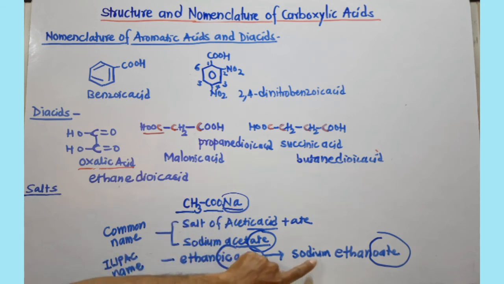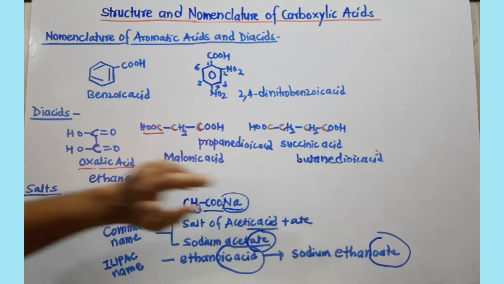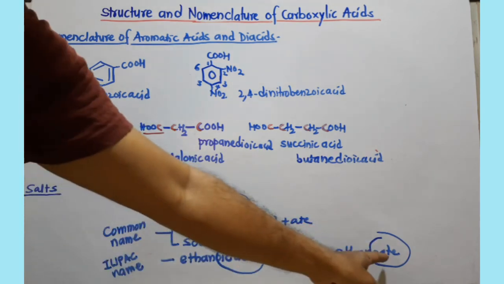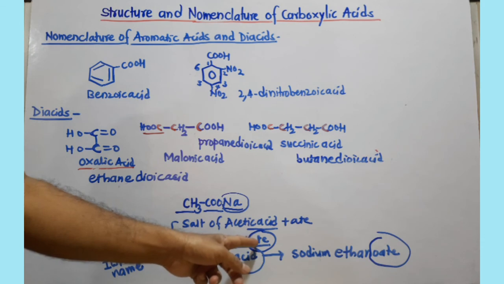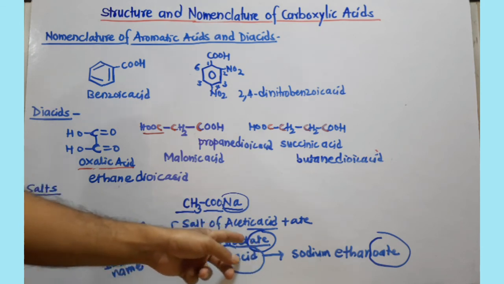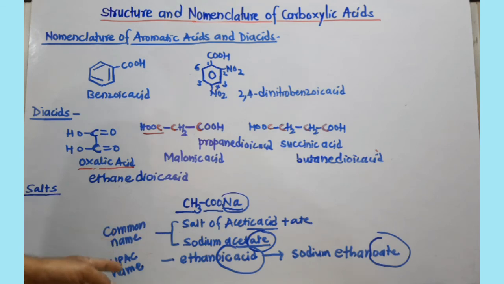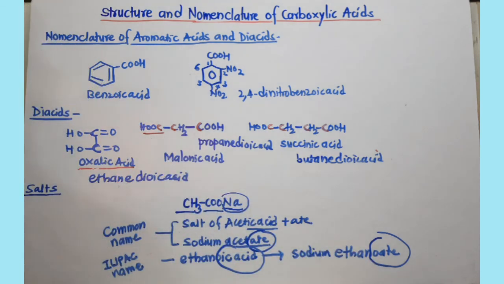This is sodium, and since it is obtained from ethanoic acid, it becomes sodium ethanoate. So in case of IUPAC names, you use the suffix OATE, and in case of a common name, you use the suffix ATE. If you are using acetic acid, then it is acetate. If you are using ethanoic acid, then it is ethanoate. So in this way, you can provide names to the salts of carboxylic acids. Thank you.